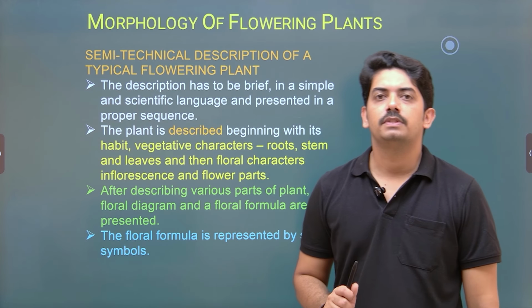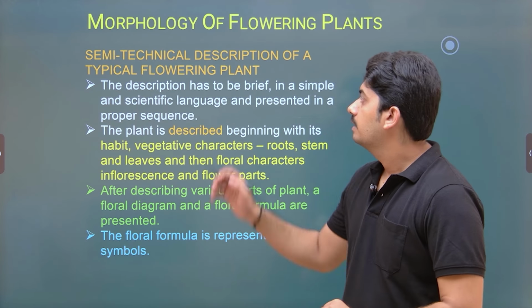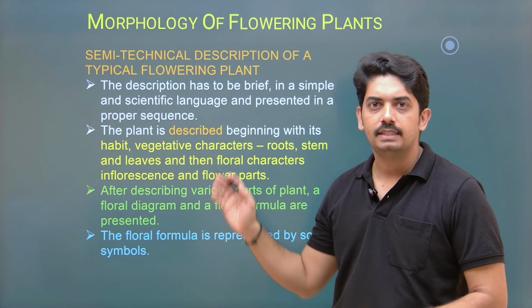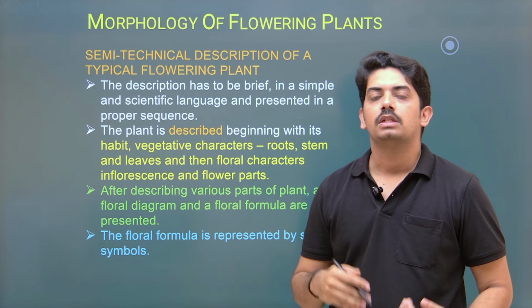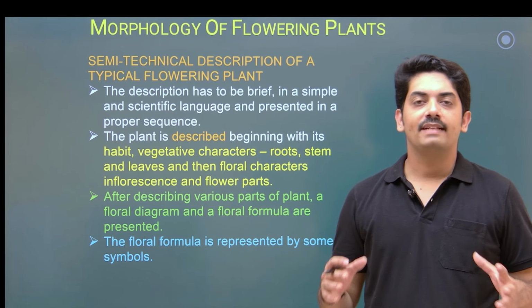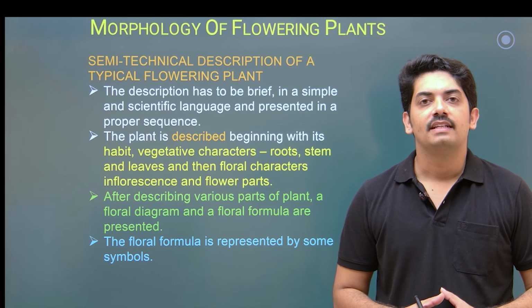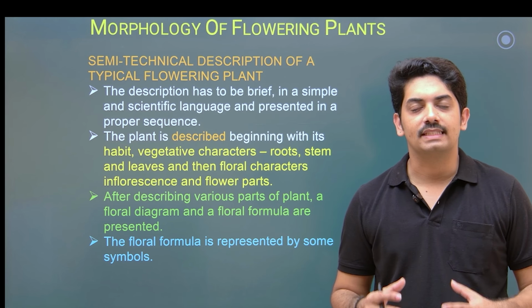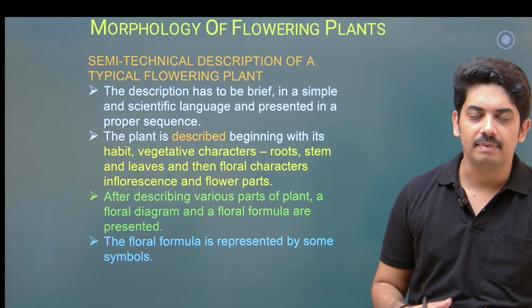So the last part of the topic is the semi-technical description of typical flowering plants, and this will help us to study the families in detail. Whatever we have studied till here, it is because we use all morphological descriptions to describe the family.